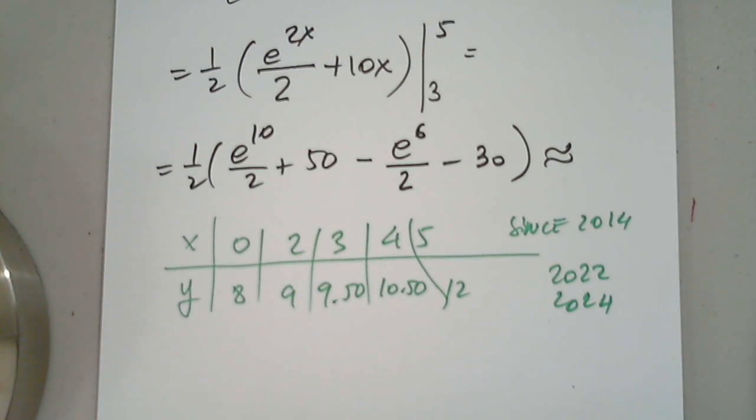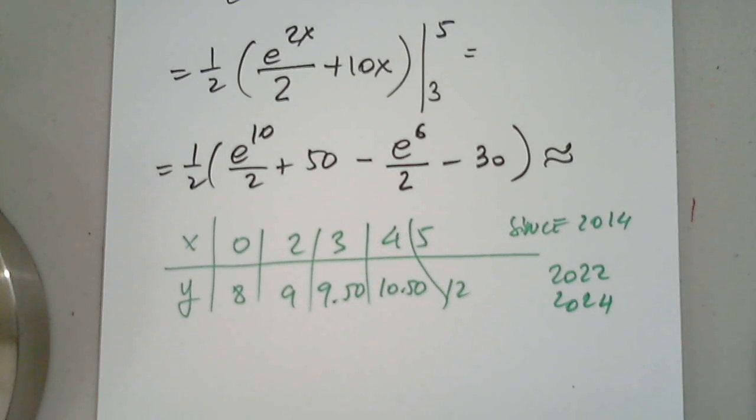And then I go to the viewing window and I will pick between, let's say, -5 and 10 for the x with a scale of 1. And y minimum, it goes from 8 to 12.